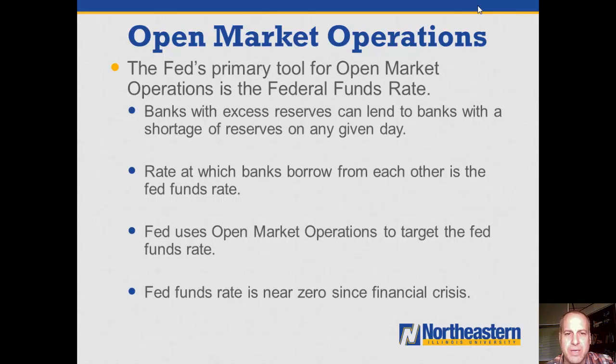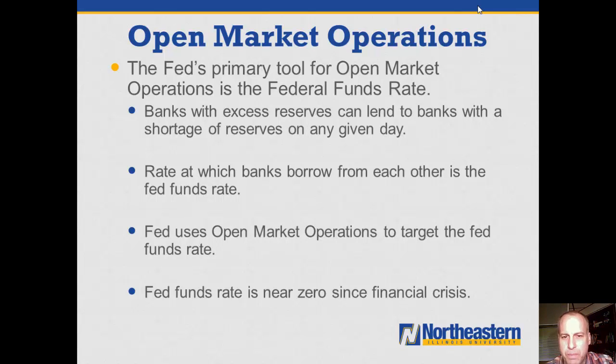So on a given day, some banks will be very close to that limit, and some banks will have excess reserves, and some banks will have a shortage of reserves. And the Fed intervenes in this market by controlling the interest rate, by buying and selling loans in this market. So the Fed influences the rate at which banks essentially borrow from each other.